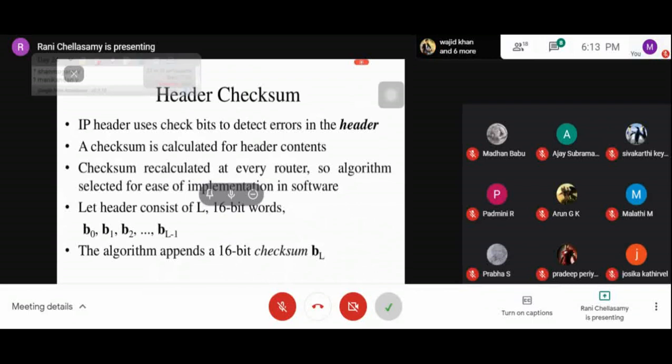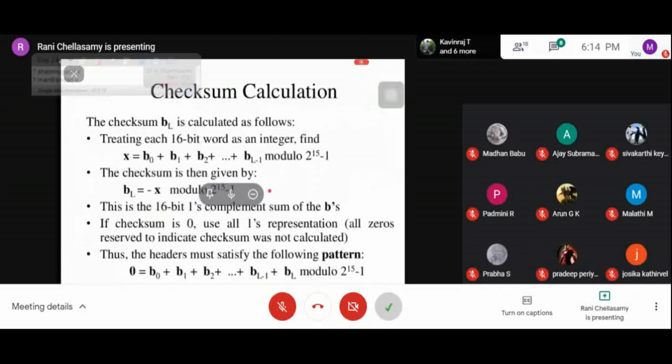It is 16-bit words starting from B0 going up to BL-1. So the algorithm used is the 16-bit checksum, which is represented by DL. So BL checksum can be calculated using the formula here.